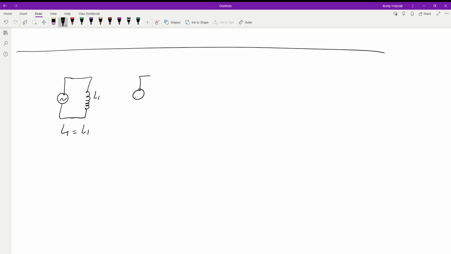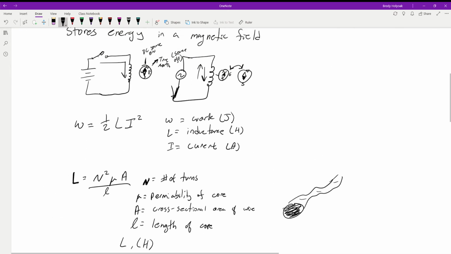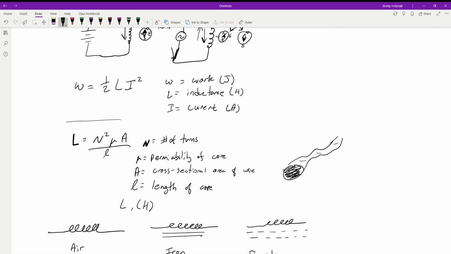Now, we'll go through our next circuit. Now we have L1, L2, and L3. When we look at this, what do you think is going on? We're going to come back up to our physical parameters again and take a look at this equation.